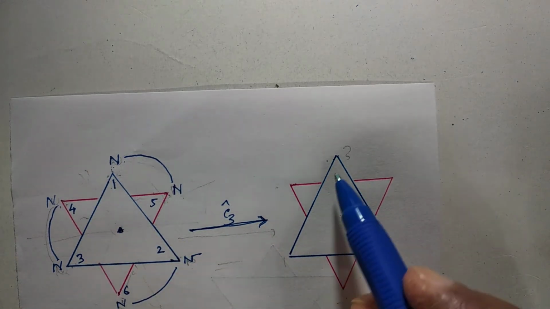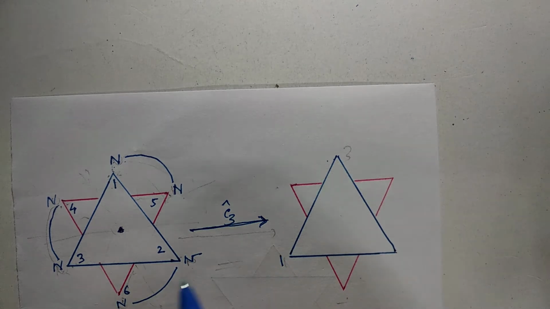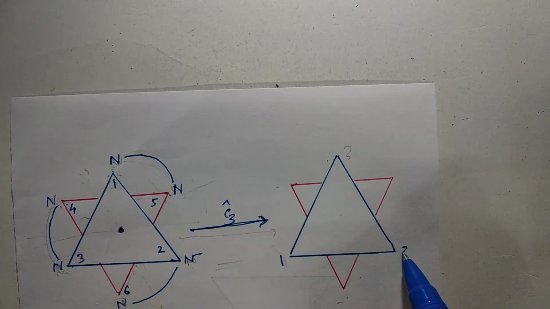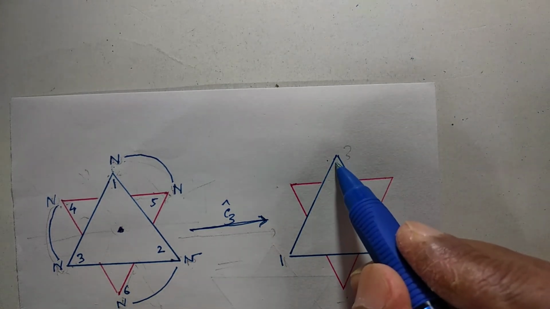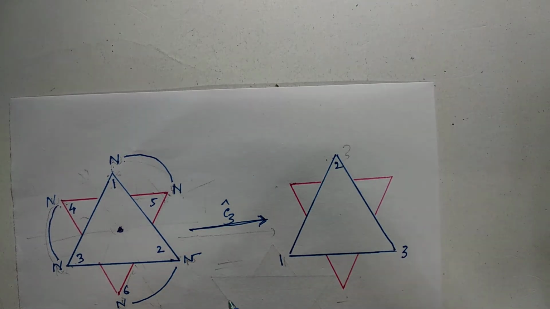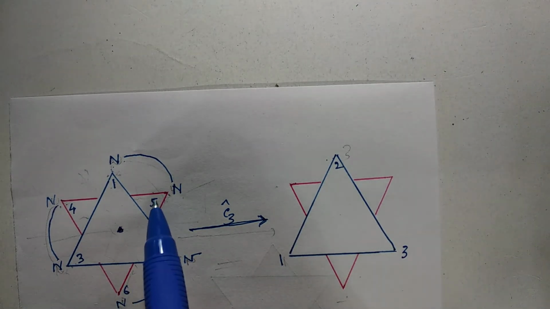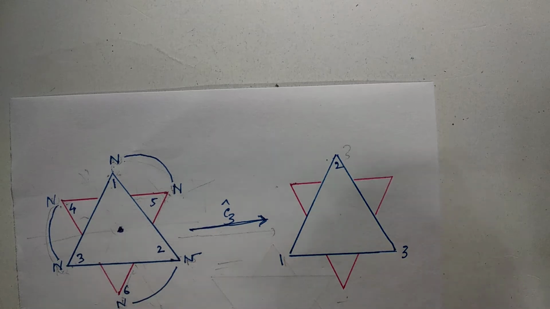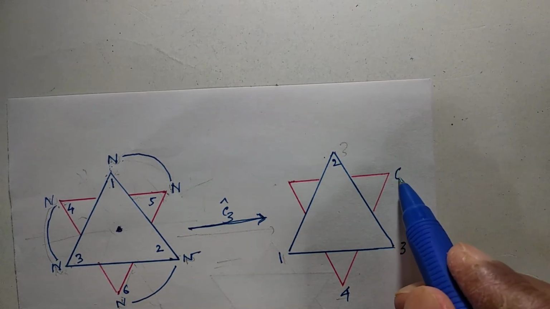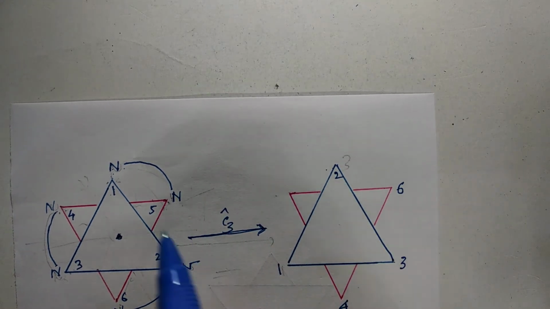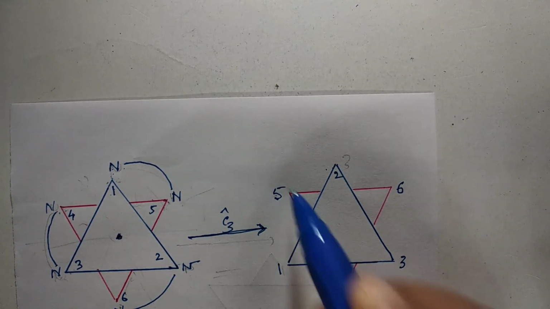By anticlockwise rotation, 1 will come here, 3 will go here, and 2 goes here. And similarly, 4 by anticlockwise rotation comes here, 6 goes there, and 5 goes to this place.